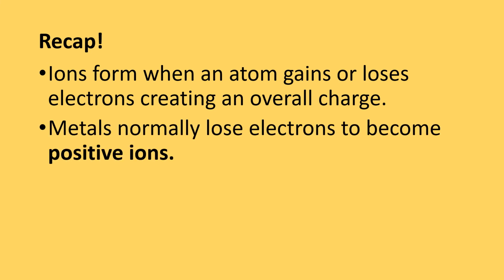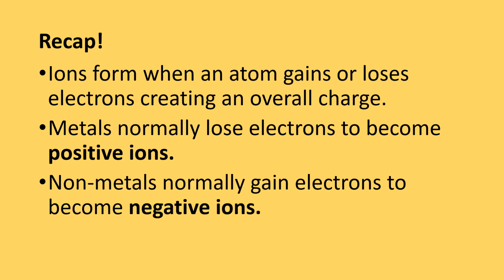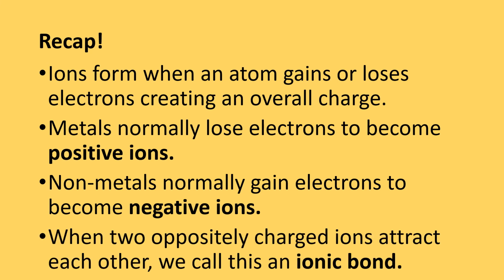Metal atoms will normally lose electrons, and in doing so will become positive ions. Non-metals will normally gain electrons, and in doing so will become negative ions. And lastly, when we have two oppositely charged ions, positive and negative, they will attract each other, and this attraction is what we call an ionic bond.